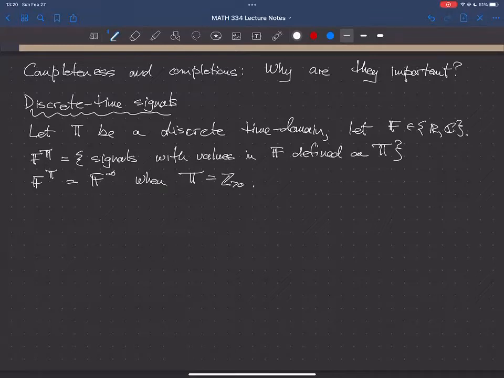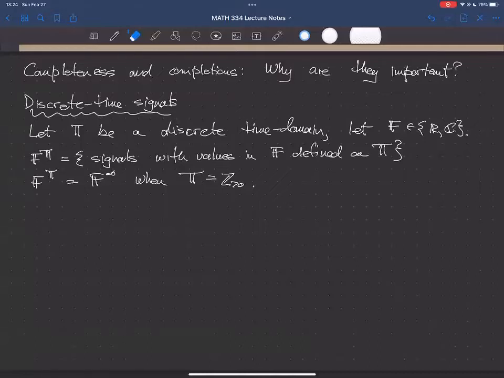If you consider the time domain to be the set of positive integers, then the signals defined on the set of positive integers are just sequences, right? So that's just to make connection to the things we've talked about already.